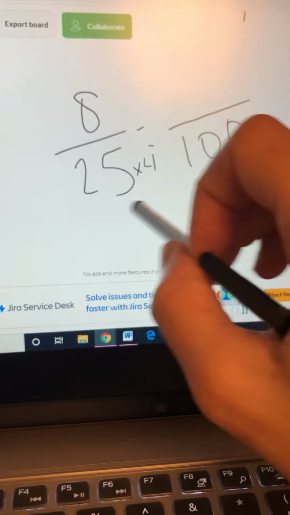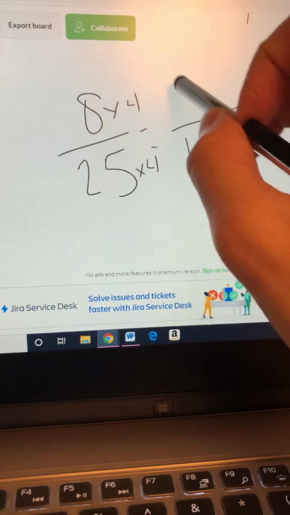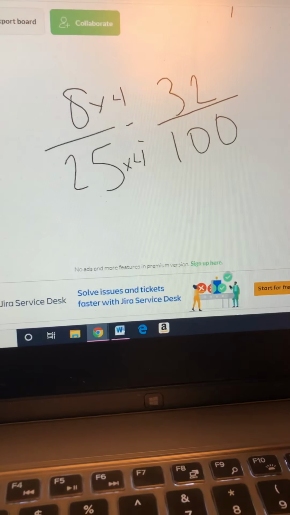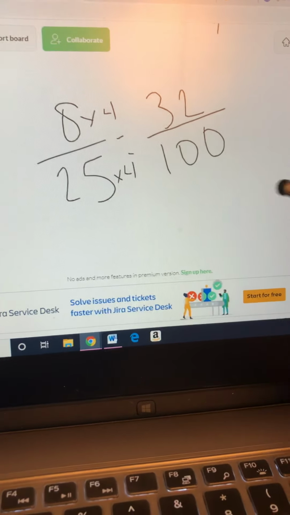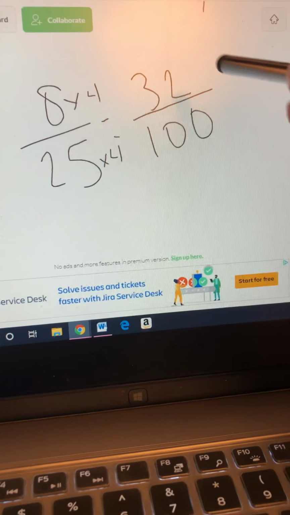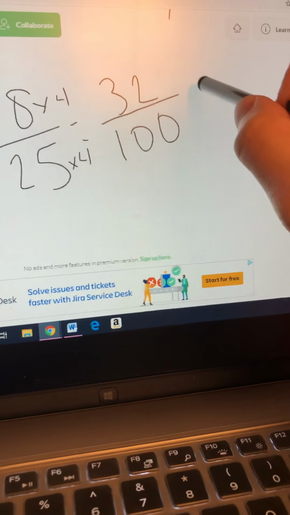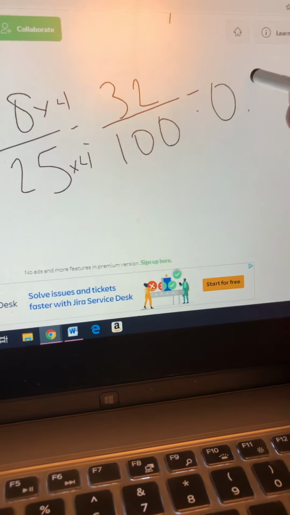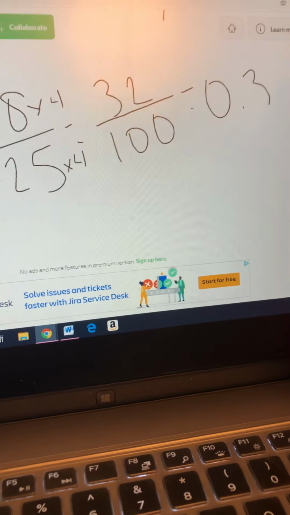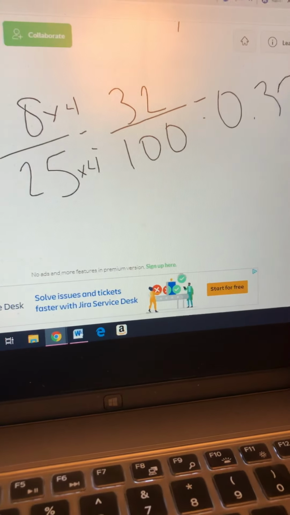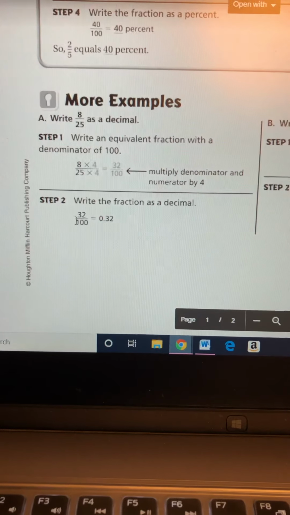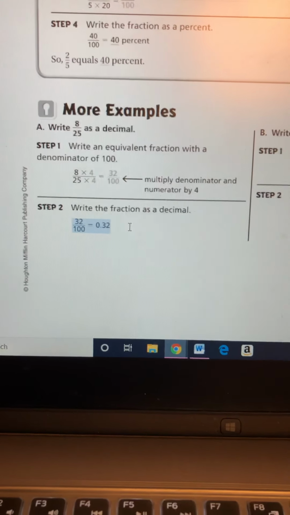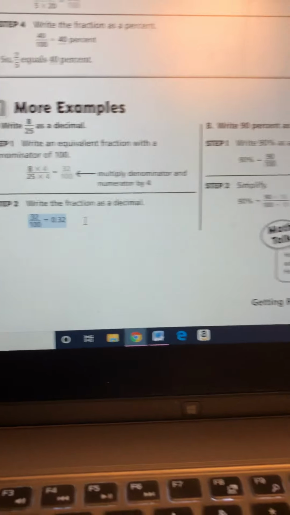Whatever I do with the denominator, I do to the numerator. So now you have your fraction of 32/100. Now how do you write that as a decimal? The same way you read it, 32/100 is the way you write it as a decimal. So it would be 0.32. See? And they show you the same thing down here. I'm just giving it to you verbally and visually as well.